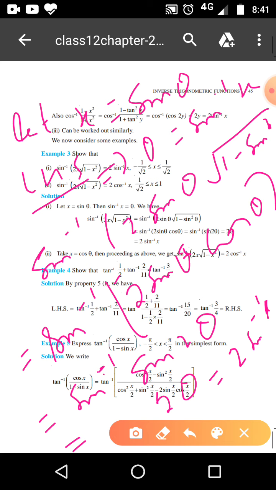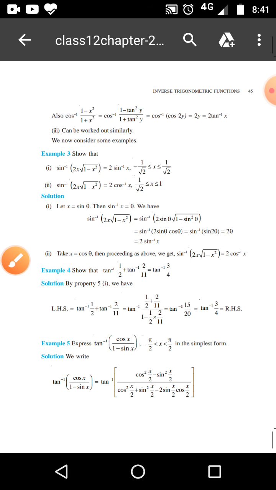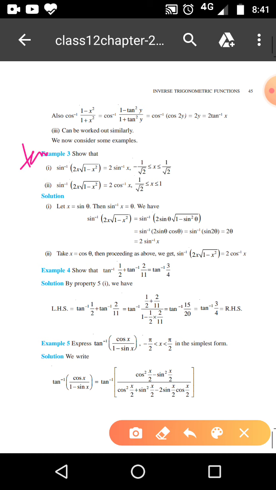Now let us see some other questions. See here, this is important also. Tan inverse 1 by 2 plus tan inverse 2 by 11 is equal to tan inverse 3 by 4.